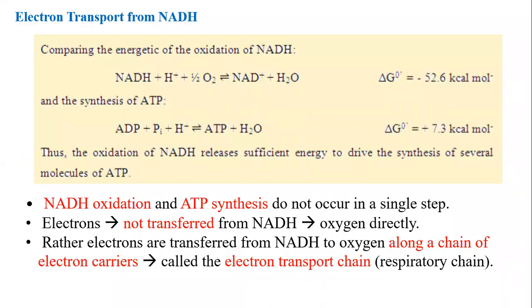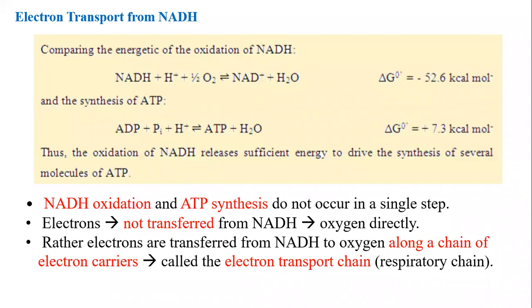Electron transport from NADH. Comparing the energetics of the oxidation of NADH. As you have already seen, in case of oxidation of NADH into NAD+, delta G naught is equal to minus 52.6 kilocalorie per mole.